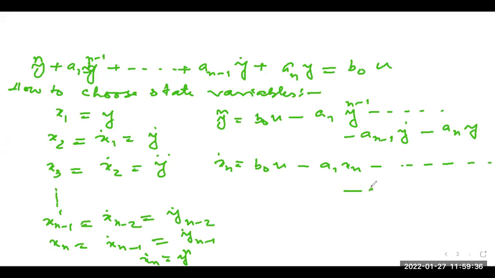So a1 y dot means this is equal to x1 dot. This is x1 dot, and a0 y, so y is x1, so this is a0 x1. Is it correct or not? This one? Okay. Clear?